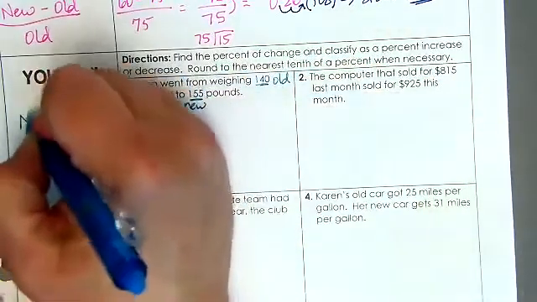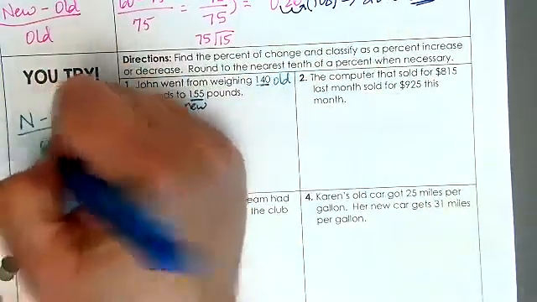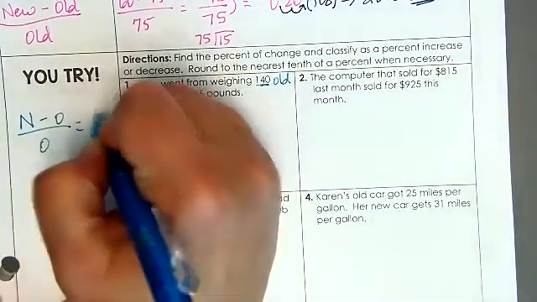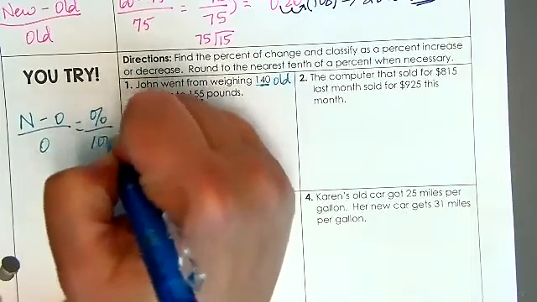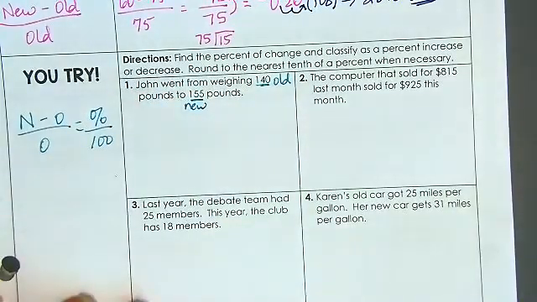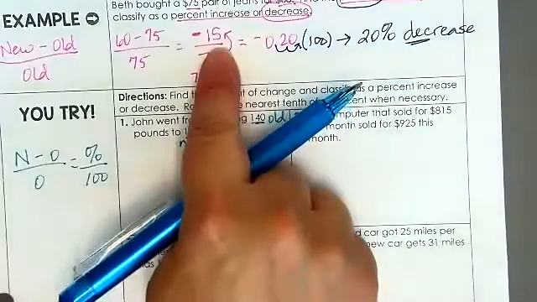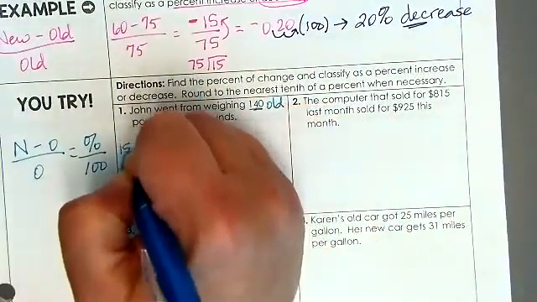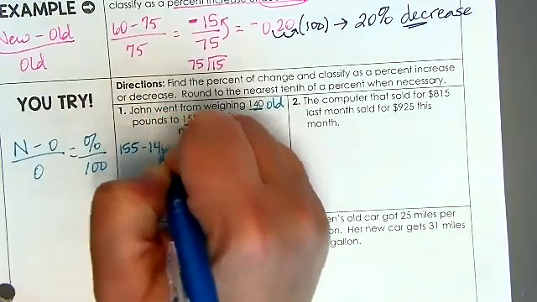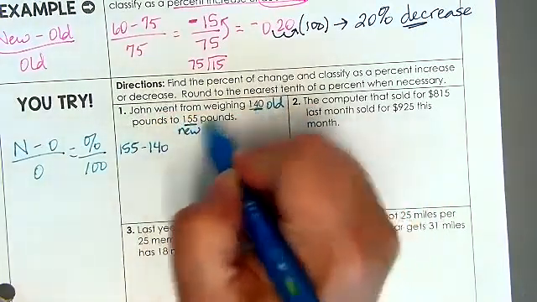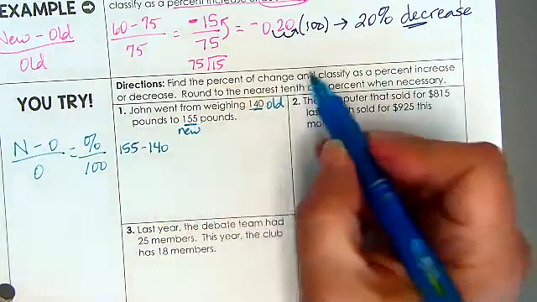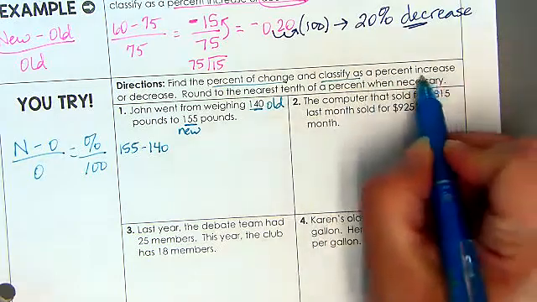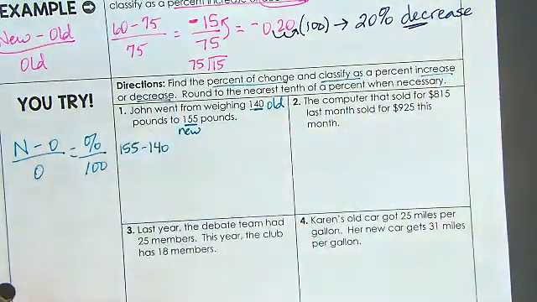So again, I do the new minus old divided by the old, and if you want to, you can set this up as a proportion equals percent over 100 and solve it that way. It's your choice. I'll solve this one with the proportion. The last one we did not use a proportion. So I'm going to have 155 minus 140. I'm going up, so this is going to be an increase, and I have to find the percent of change and classify it as an increase or a decrease, so we have to do both.